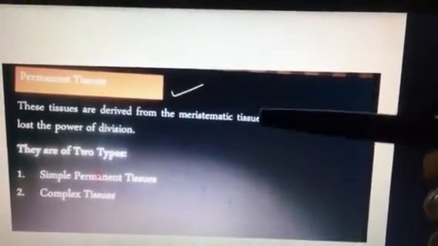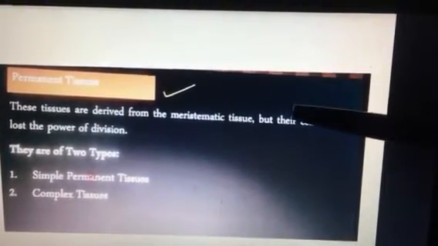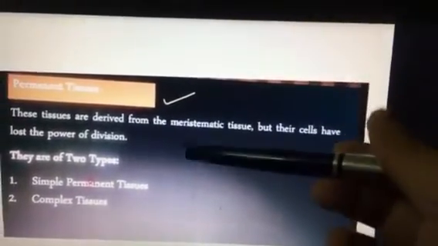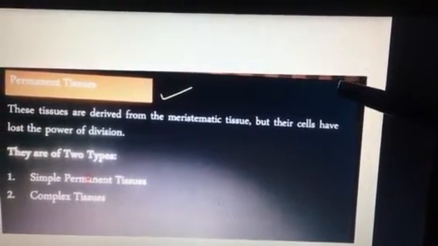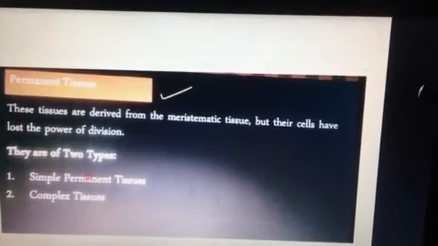These permanent tissues are not actively dividing, have lost the function of division but have become elongated, and the cells grow to their original size, the maximum size, and start functioning as usual plant cells.